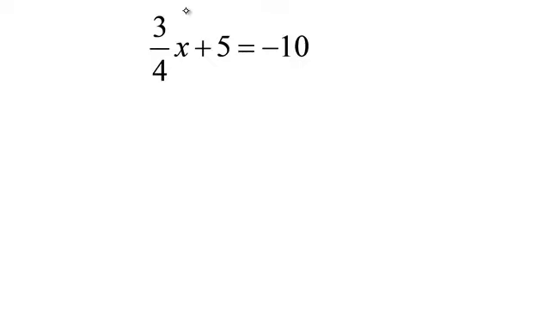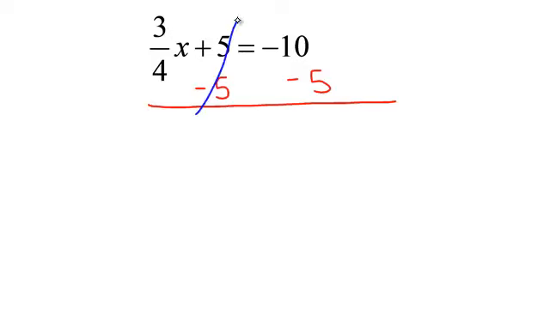But the only fraction that I have is right here with the variable being multiplied. So I'm going to get rid of this positive 5 first. What's the opposite of adding 5? Subtract 5. But if you subtract 5 from the left side, you have to subtract 5 from the right side.